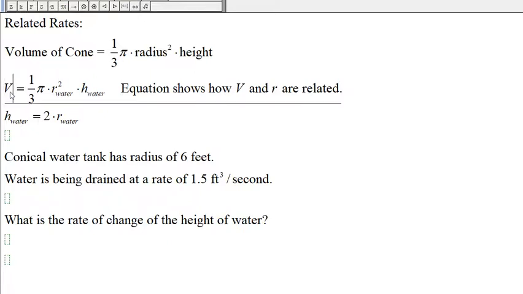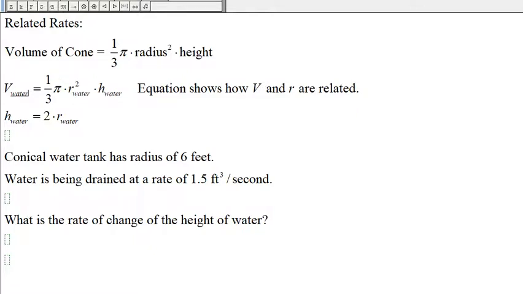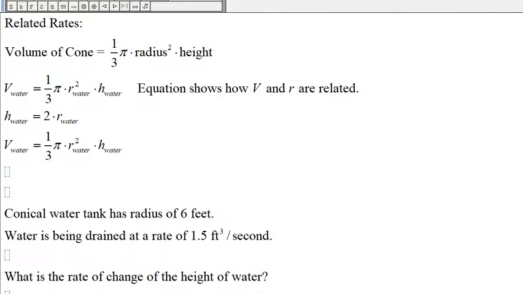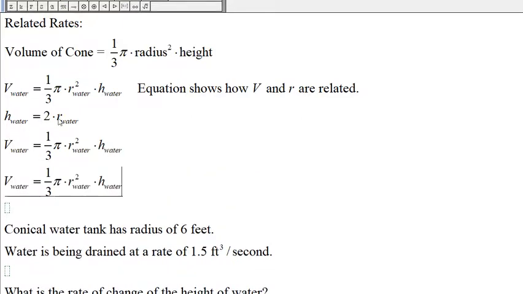We need to put the volume of water here.